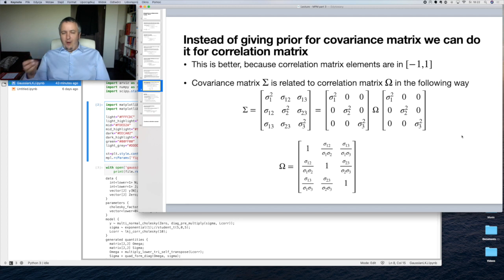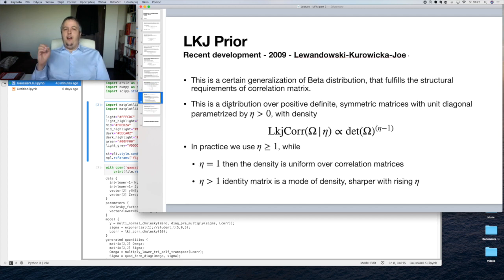So why is that better? Because there exists a very nice prior for correlation matrices, which is called the LKJ prior, from the names of the authors Lewandowski, Kurowicka, and Joe.